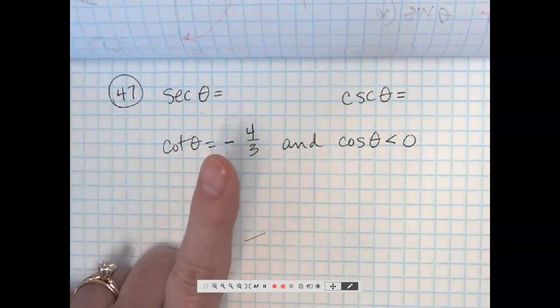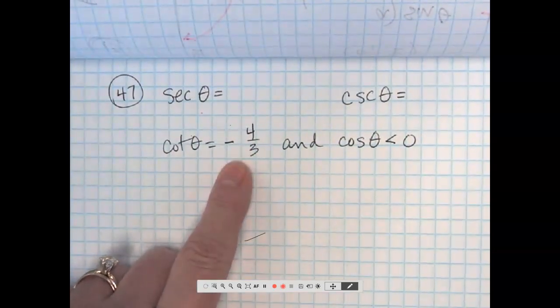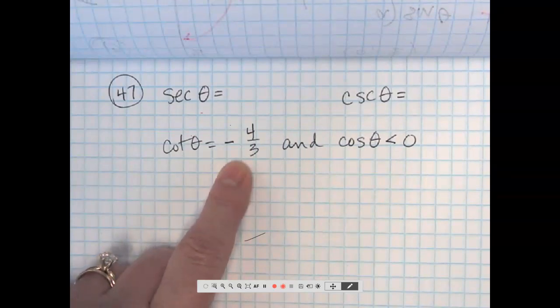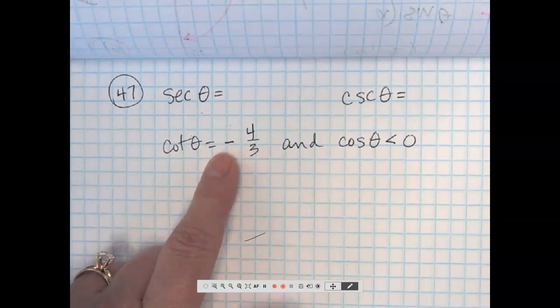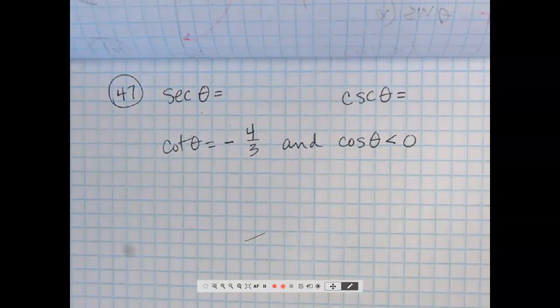Okay, if this fraction is negative, does that mean the 4 is negative or the 3 is negative? We don't know yet. One, but not the other. Okay, so we'll figure that out once we get a picture drawn. First thing we have to do is figure out which quadrant we're in. This is when we have to kind of do some investigating.